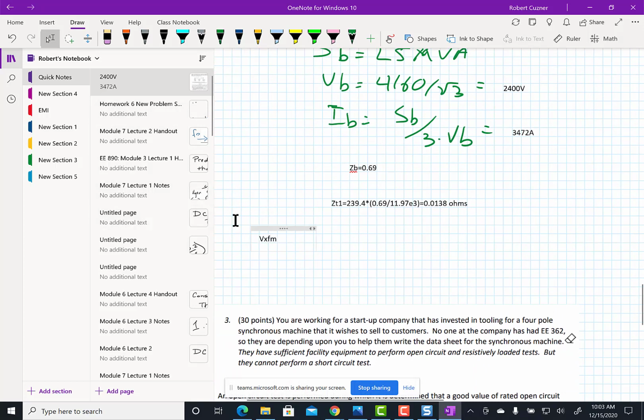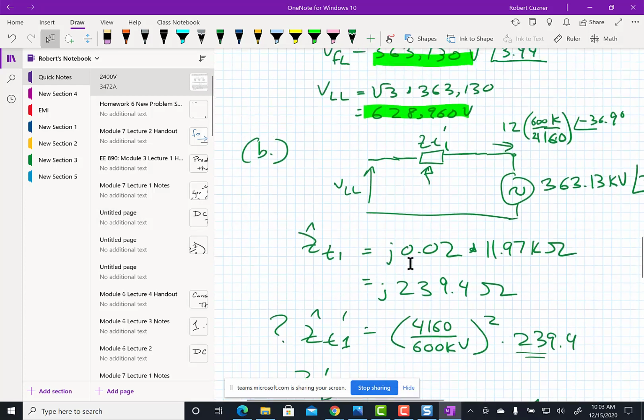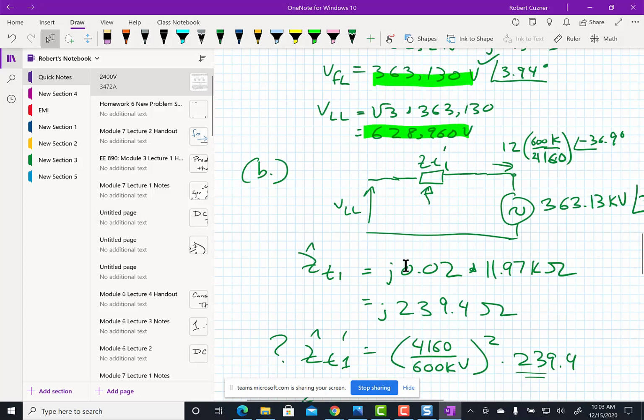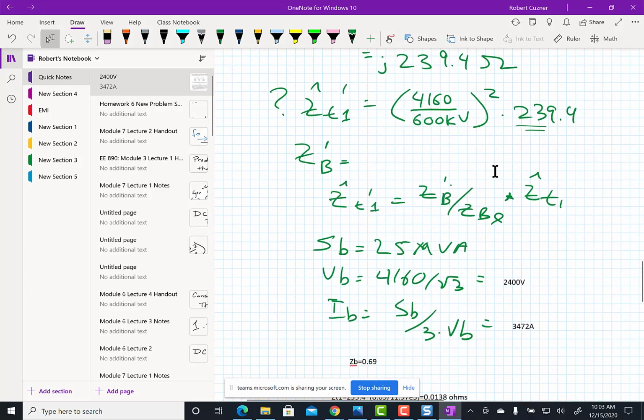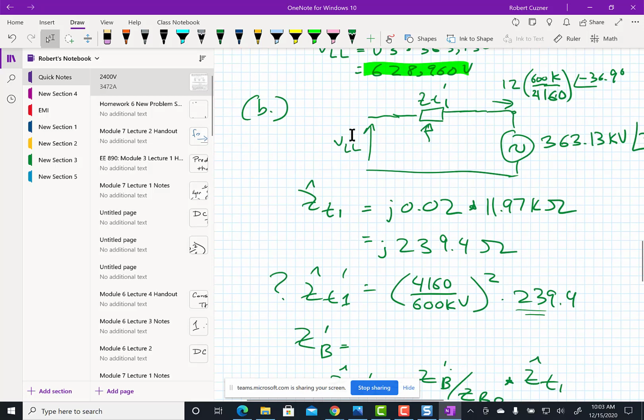The line to neutral voltage is going to be the current, which was, did we find the current? 12 times 600 kVA, divided by 4160, that's 1730.